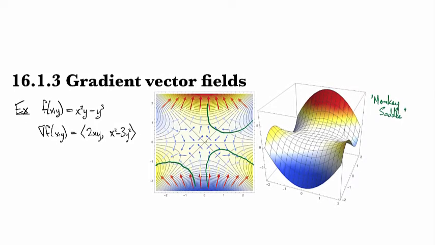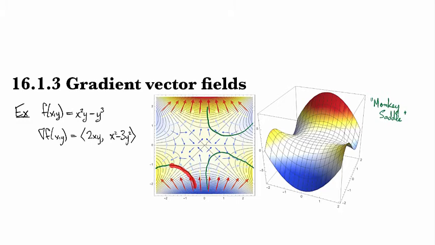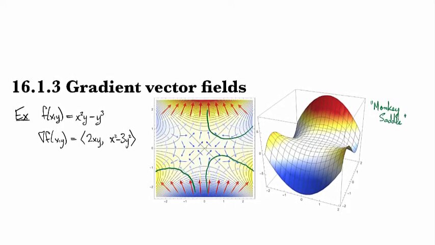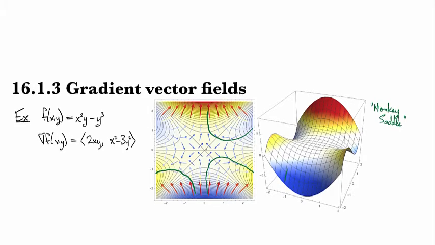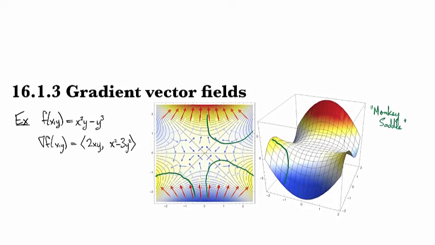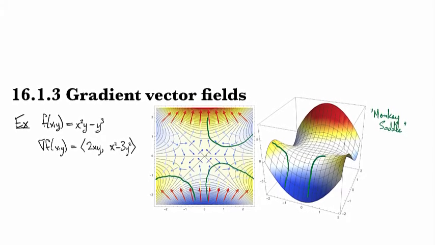But if you were to trace along and ask, what was the value of the function doing as we follow this flow line through the gradient here? It would be kind of like coming up this way and then going up. You notice it's trying to climb that hill as steeply as possible, because that's what the gradient does.